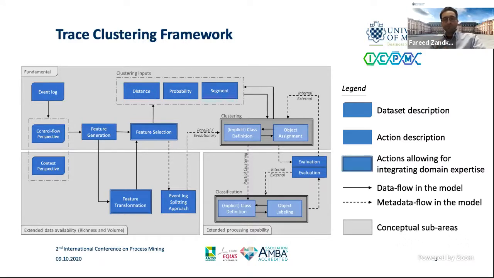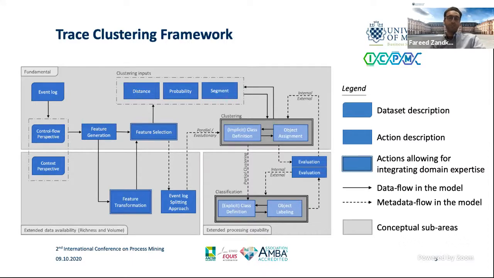Rounded boxes are on the very right, on the very left side of the model. Are entities, specifically the event log, which is either a basic one, which we will discuss later, or an extended one. The normal boxes represent a major step or set of actions in a given trace clustering project.